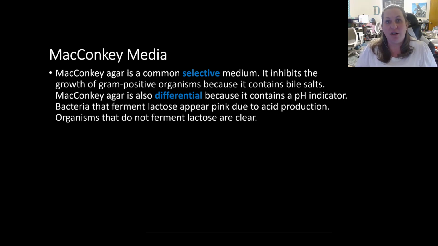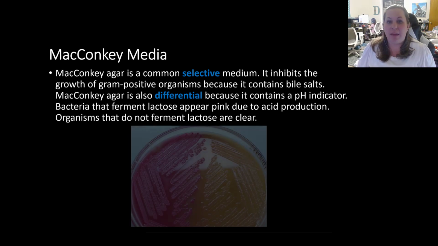We also see that this agar is differential, meaning that it has a pH indicator. So as the gram-negative is growing, we're going to be able to see a color change take place. Bacteria that can ferment the lactose that's in these plates, that's a type of sugar, is going to appear pink on the plate, whereas the organisms that cannot are going to appear more clear. And so let's look at a picture of this.